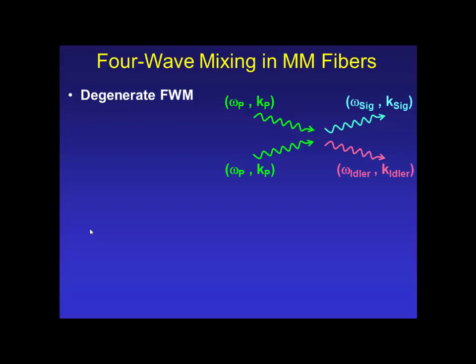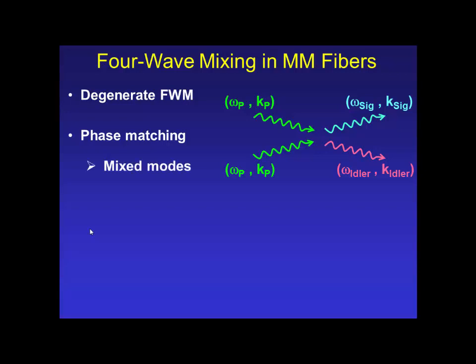Now, in order for this to be efficient, you need phase matching. This is a parametric process, so basically, your waves need to travel at the same speed down the fiber. Unfortunately, if you start with 532 nanometer light, glass has a very strong dependence of the refractive index on wavelength, so you're not going to get phase matching by itself.